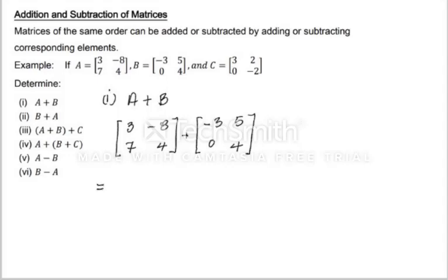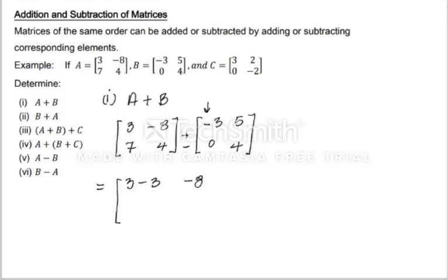So how do we add two matrices? We add two matrices of the same order by adding corresponding elements. Over here to the left, 3 is the top left element, and over to the right, negative 3 is also the top left element. So 3 plus negative 3.